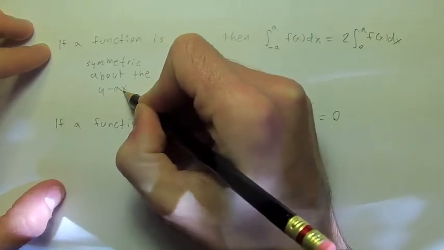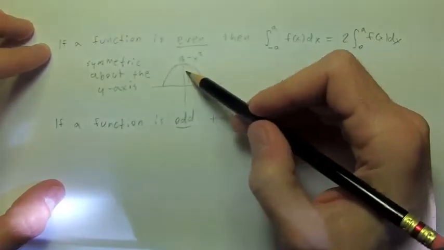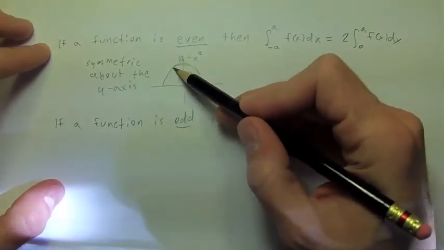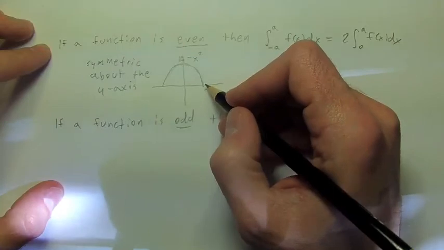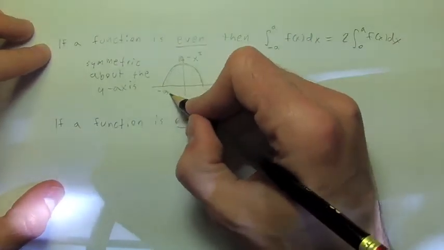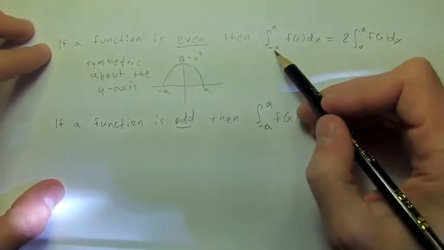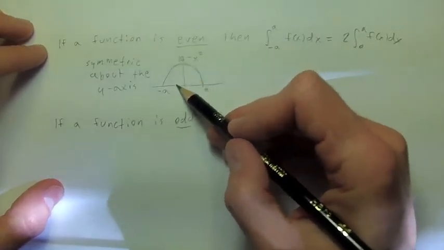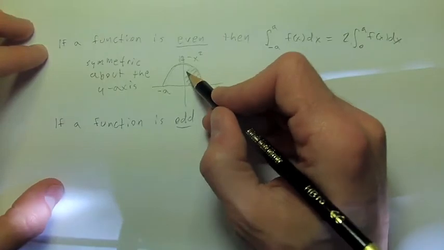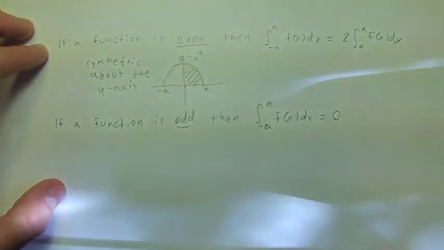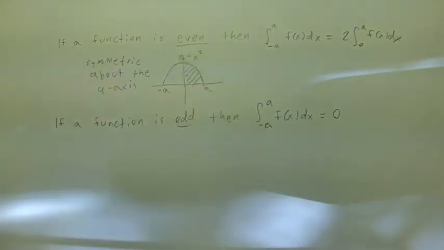Basically what that means is that this side is exactly the same as this side. So if this is -a to a, then the integral from -a to a, the full area, is going to be 2 times this area. So you could really just calculate this and multiply it by 2.